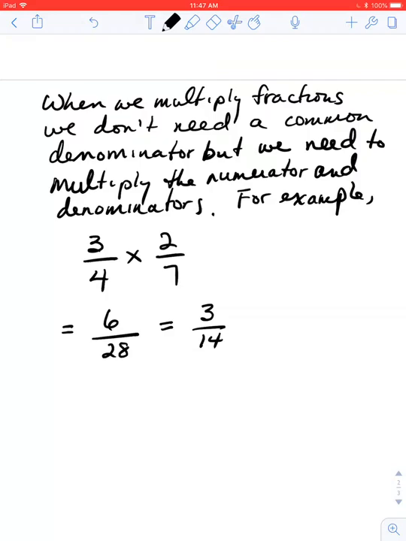If we had mixed numbers, let's say we had 2 and 3/5 times -4/3.